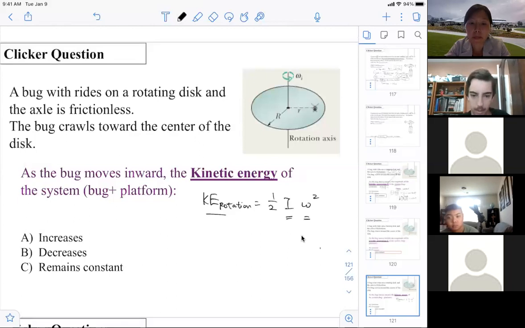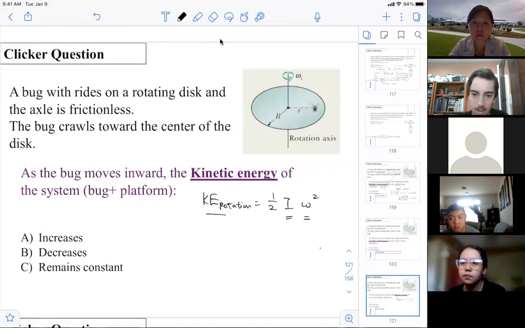With my group, what we talked about was that total kinetic energy is rotational plus translational. So in the beginning example, it's only rotational kinetic energy. But once the bug starts moving, it has translational kinetic energy and it has the rotational energy.